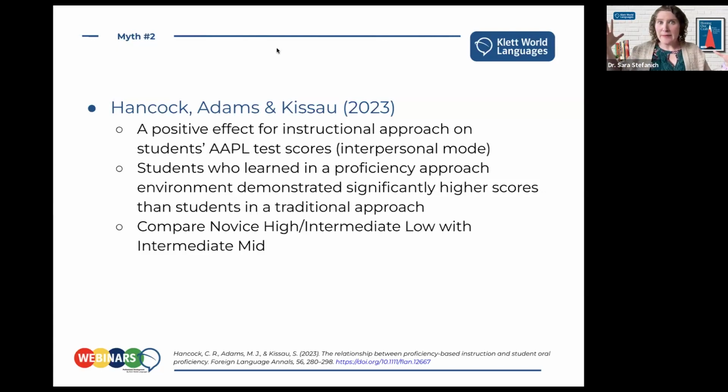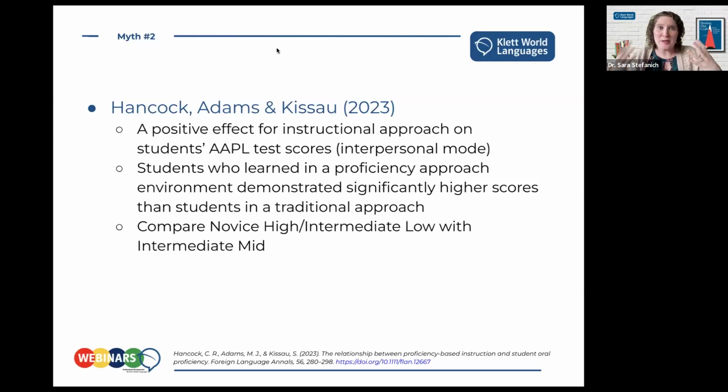That might not seem like a huge difference, but it is a positive step in that direction. It shows that if your aim is for your students to develop communicative proficiency in the target language, and you are assessing in such a communicative way, then your classroom work in that communicative approach will get your students there, and that is successful.